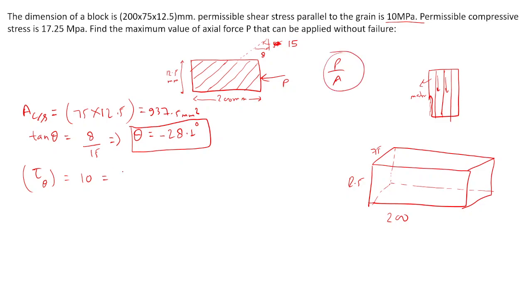So we would be writing P as P and this would be 937.5 and what is the formula? Sine 2 theta, right? Yes. So theta we know. Here P would be negative, right? Because it is compression.